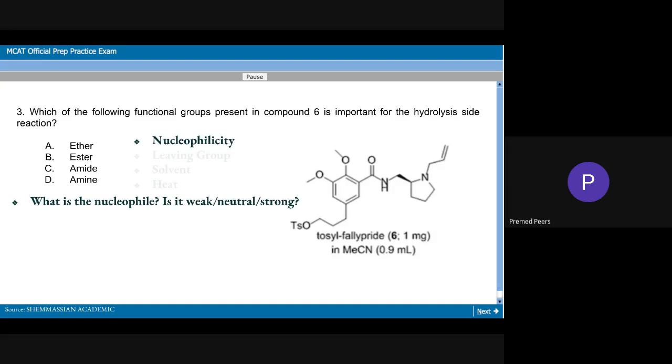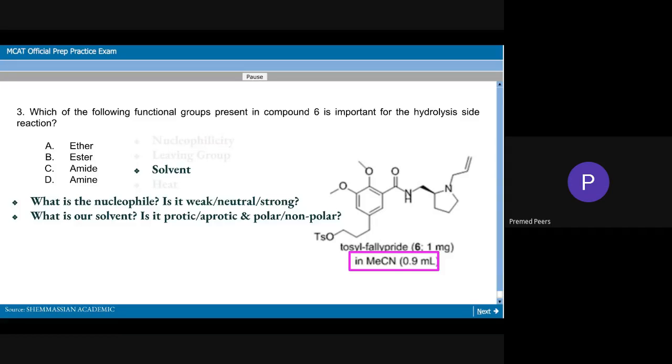So, given that our water is not a very strong nucleophile, the second thing we can come down to is what kind of solvent do we have? The leaving group is likely to be the functional group that water is going to attack. But looking at the solvent, is it protic? Is it aprotic? Is it polar? Is it apolar? All of these things we have also been discussing before.